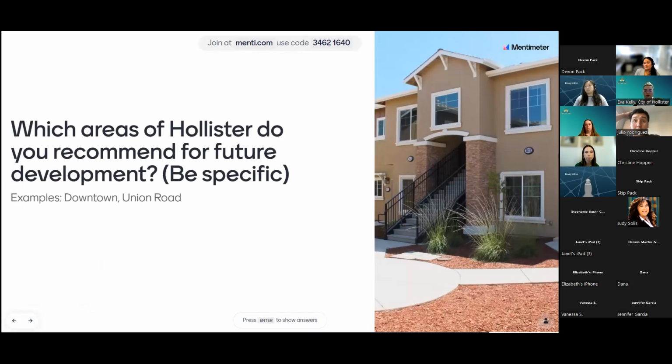So like I mentioned, this is just to get everybody's wheels spinning for the next question, which is which areas of housing do you recommend for future development? So the more specific the responses here, the better. Some examples would be in the downtown area, along Union Road. So this will help to develop our candidate sites moving forward.